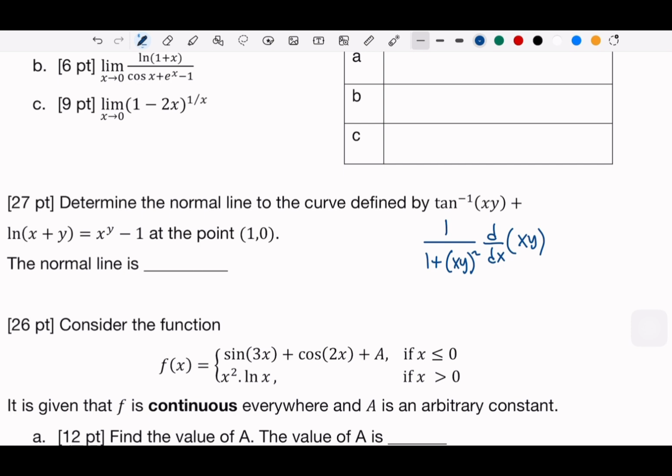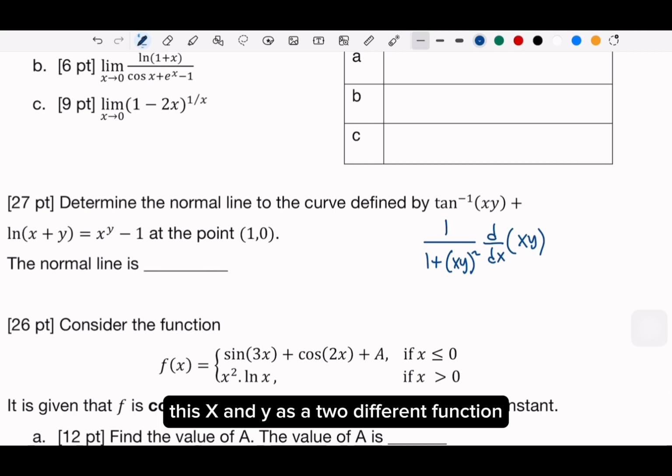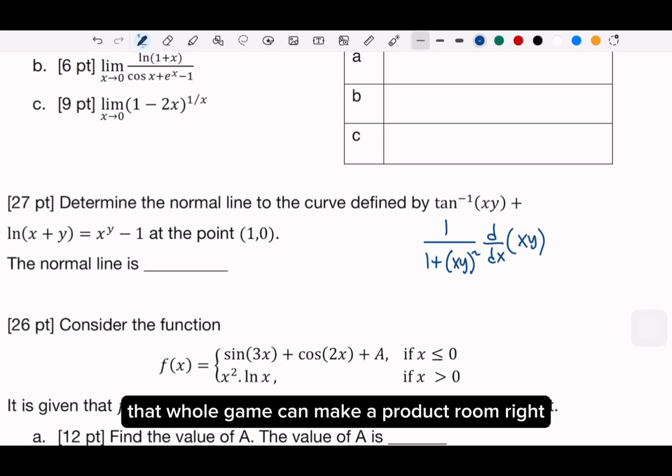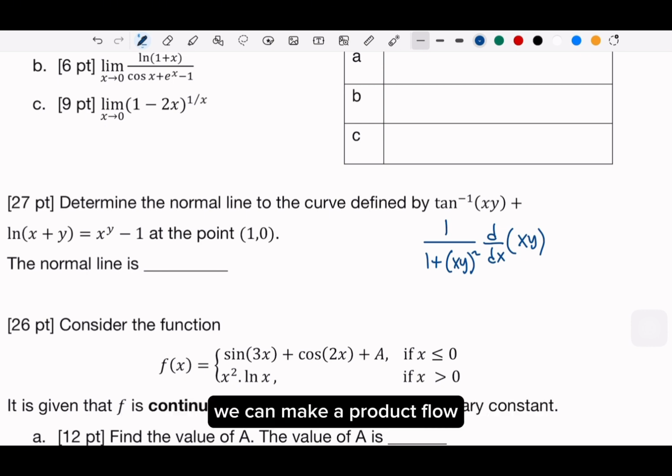And what is the derivative of xy? You could treat x and y as two different functions, so we can use the product rule.